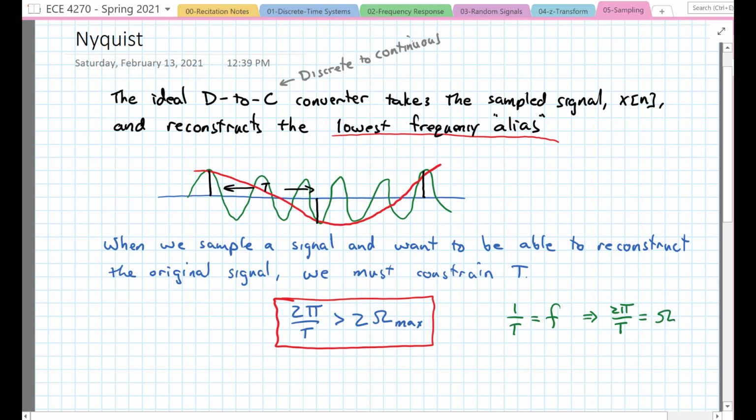It's a frequency in radians per second. And in this particular case, we often put an S down there to indicate that it's our sample frequency, or the frequency with which we were taking samples, either in Hertz or in radians per second.